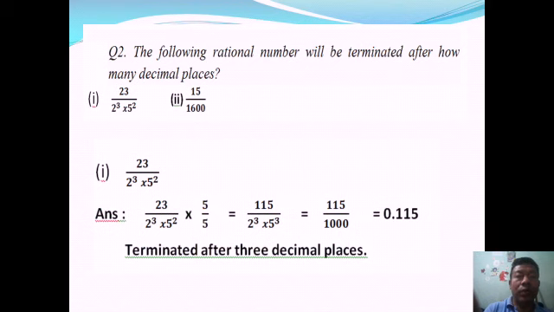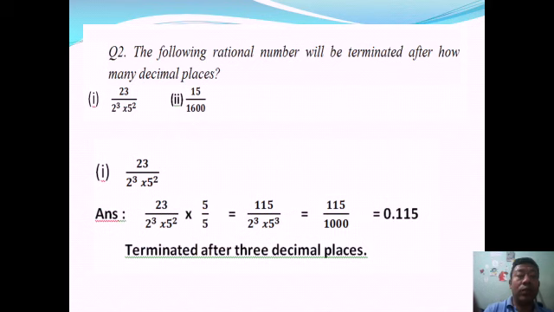Here we are going to make the powers of 2 and 5 equal. So let us multiply by 5 by 5. So we have 115 divided by 2 to the power 3 into 5 to the power 3, which is also equal to 115 divided by 1000, which equals 0.115. So the given rational number will terminate after 3 decimal places.